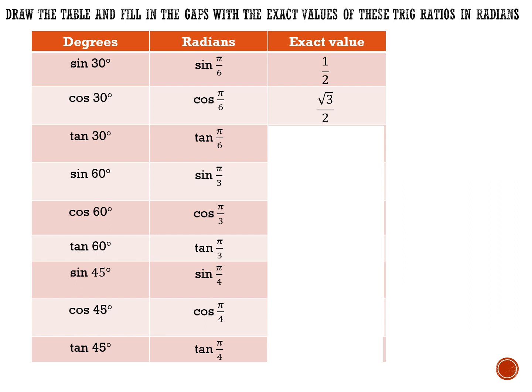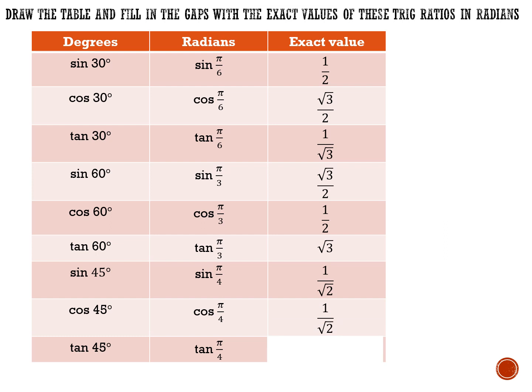Remember how you could prove these in GCSE? You used to draw the little triangles, didn't you? Tan is 1 over √3, sine 60 is √3 over 2, cos 60 is a half, tan 60 is just √3, sine 45 and cos 45 are both the same.